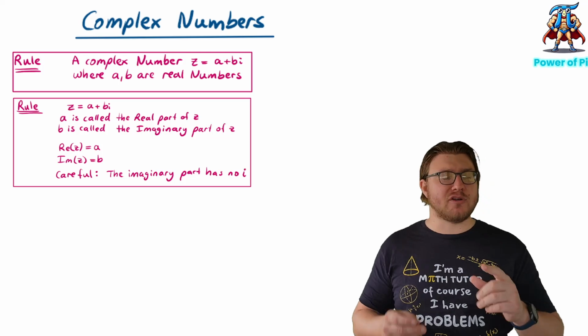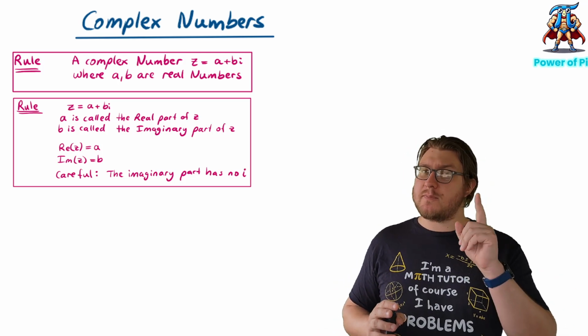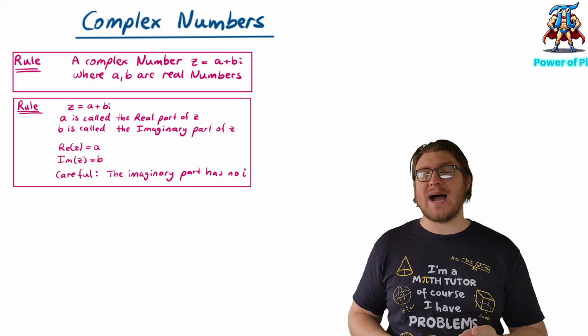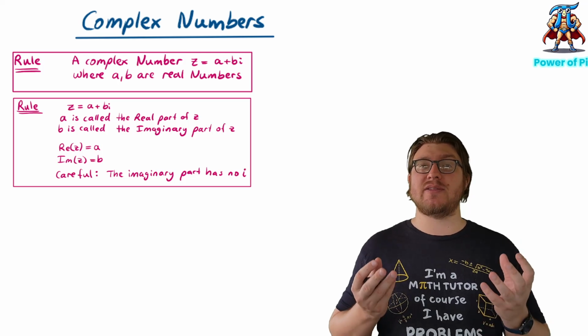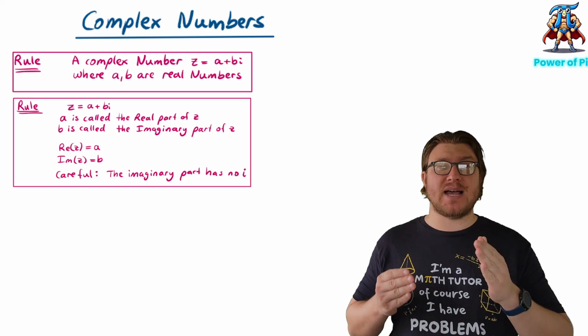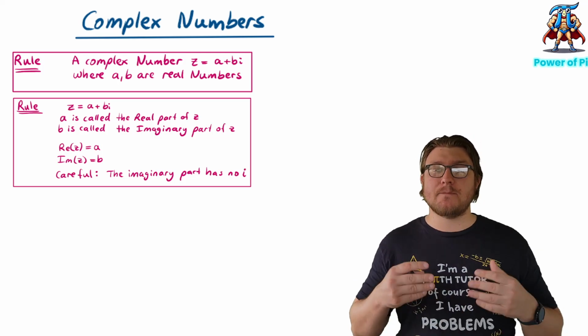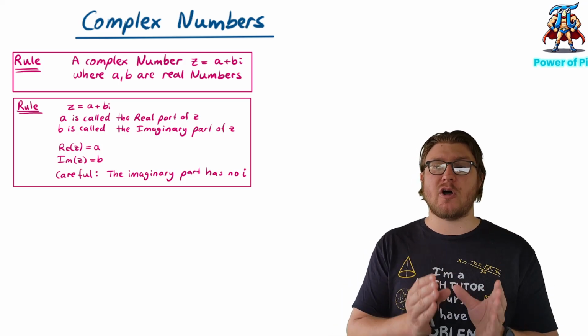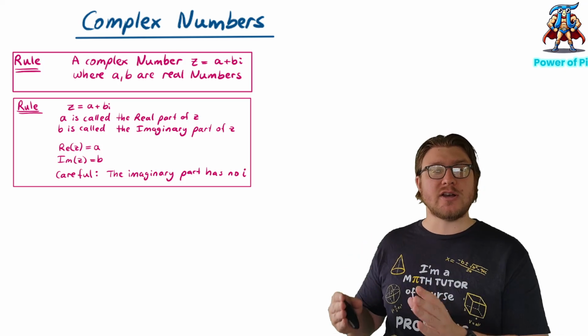But be very careful, and this happens all the time, so make sure you start right from the beginning: the imaginary part does not include the i. So even though our complex number is a plus bi, the imaginary part is just b, whatever you've got in front of the i, not including the i.